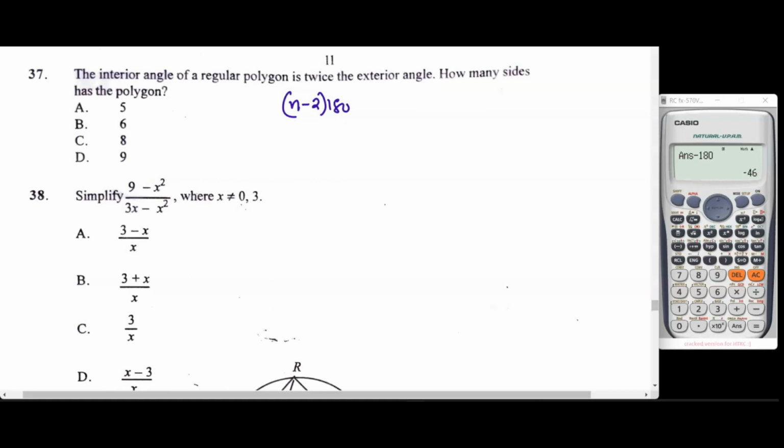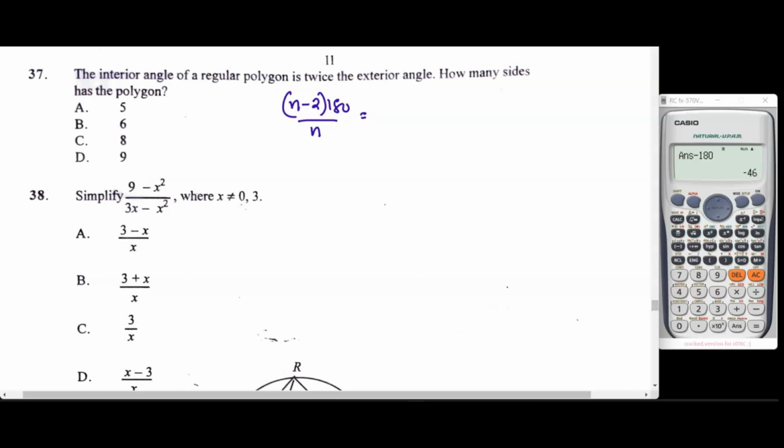That is how you find the sum of the interior angles of a regular polygon. But if you want one of them, it means divided by the number of sides, so divided by n. And this is twice the exterior angle.